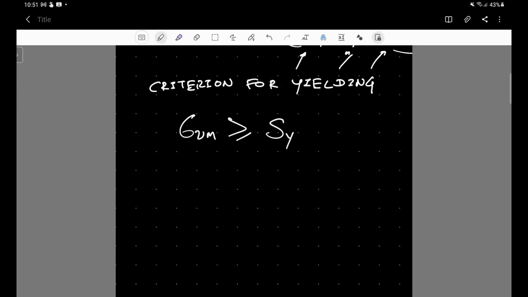Commonly, other conditions such as maximum principal stress are also used sometimes to obtain a judgment whether material will fail or not, which is not that effective, and not very accurate in predicting a material failure.